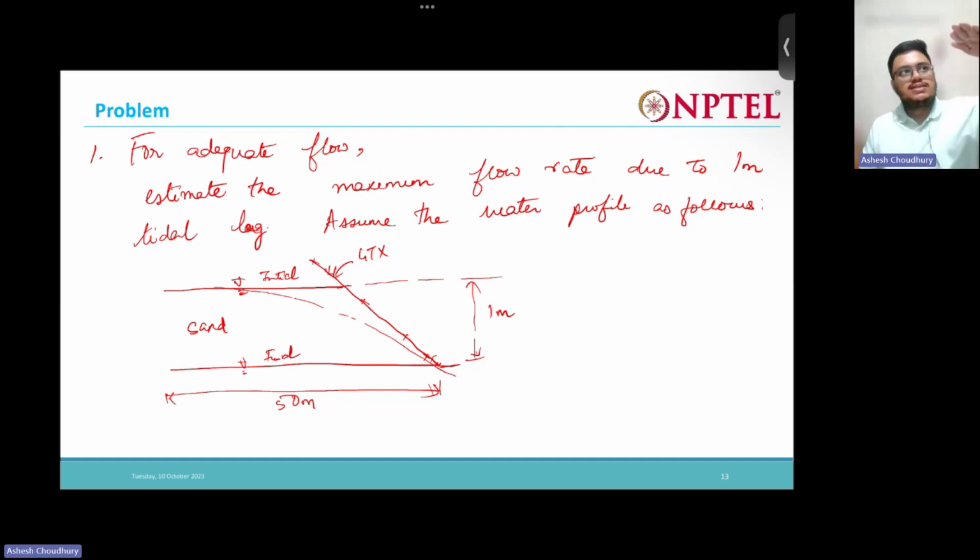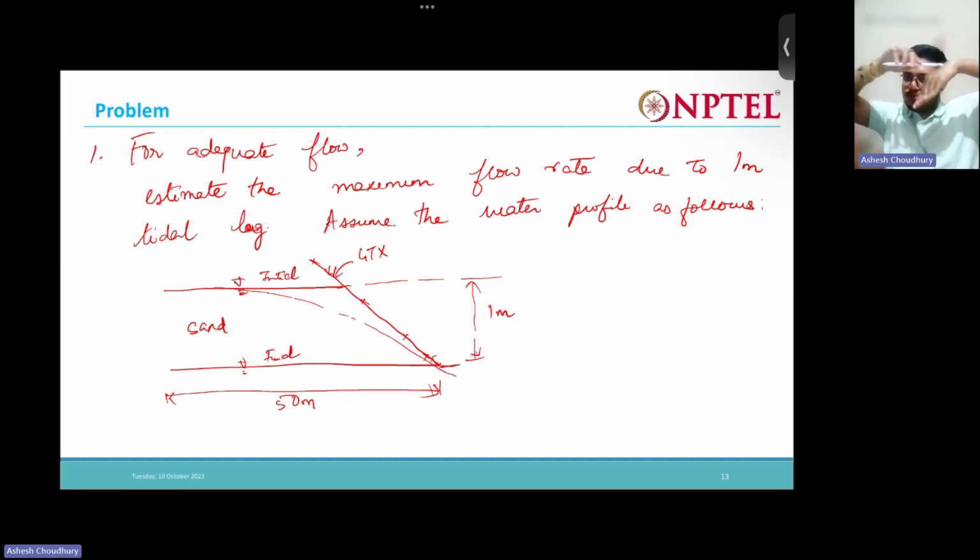So the water level is here. When the tide recedes, the water is coming down, and here we have the slope. Initially the water is there, and the water is here. This is the initial level, this is the final low water level, this is the high water level, and this is low.